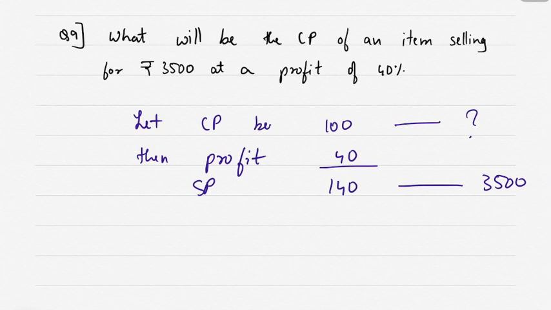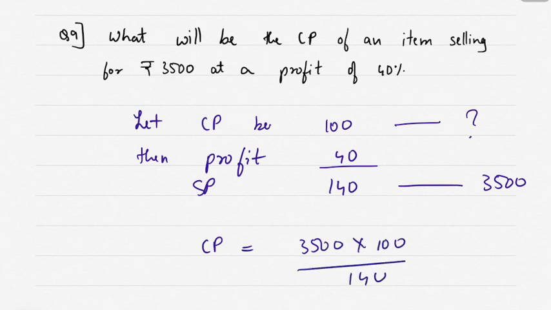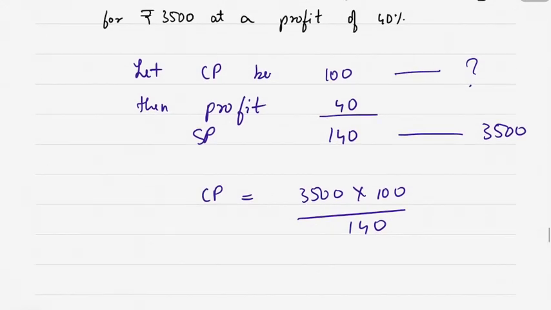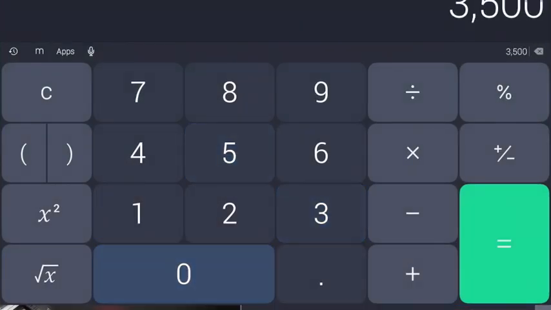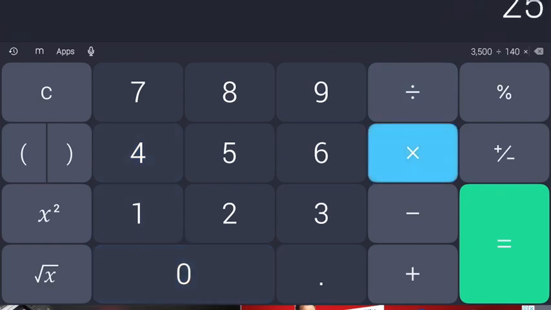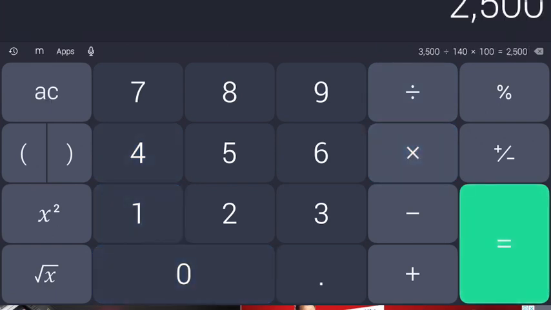Then how much is the cost price? Okay, so cost price will be 3,500 into 100 divided by 140. 3,500 divided by 140 into 100. 2,500.